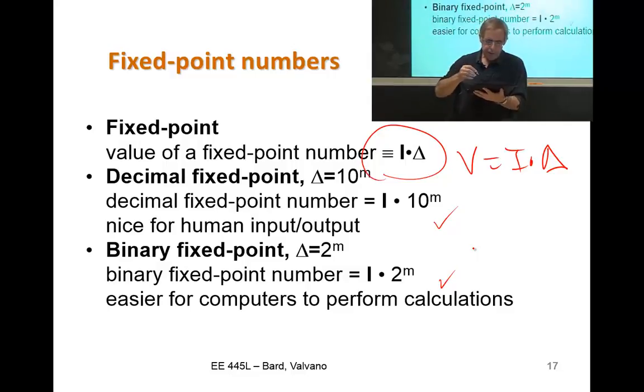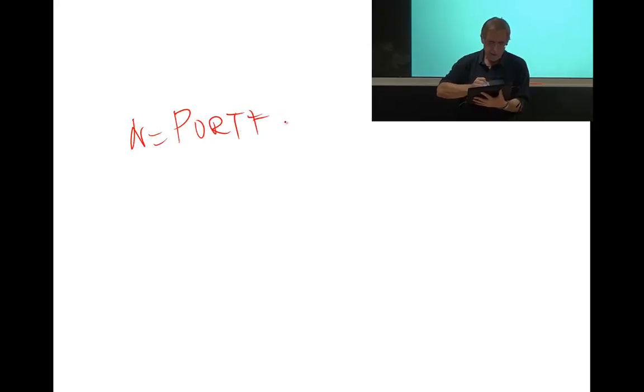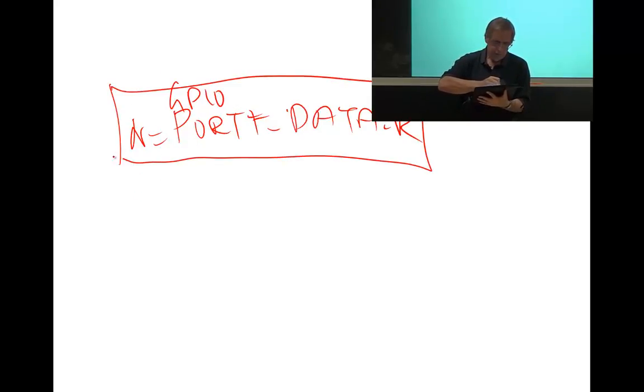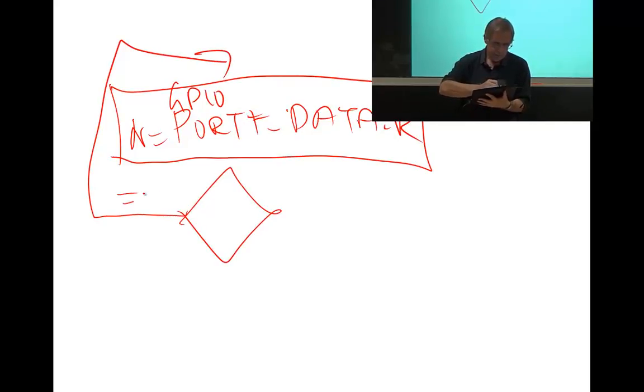For example, if I take port F, n equals port F, whatever, GPIO port F data R, and I put it in a loop, right?